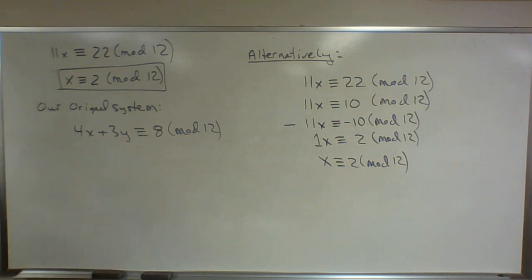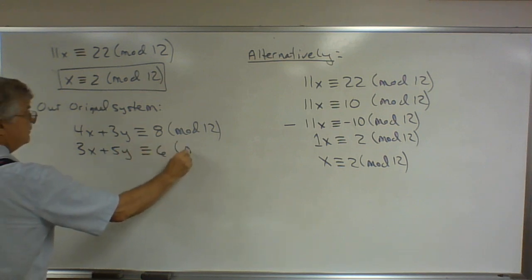And what was it? 3x plus 5y congruent to 6 mod 12, I think.